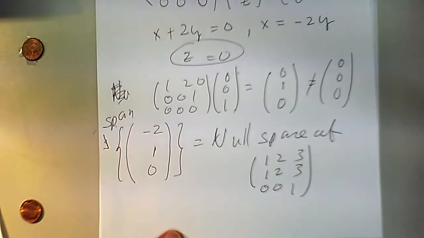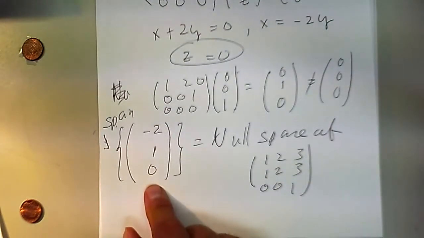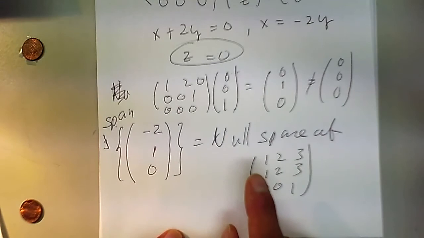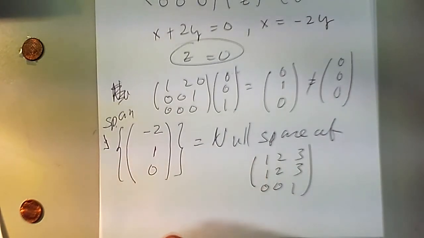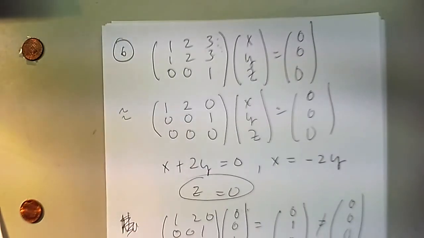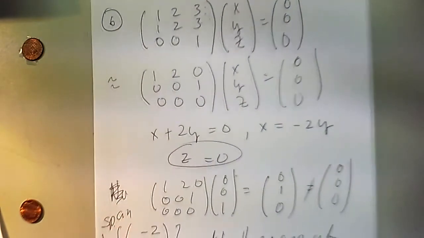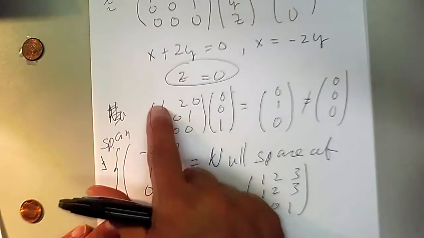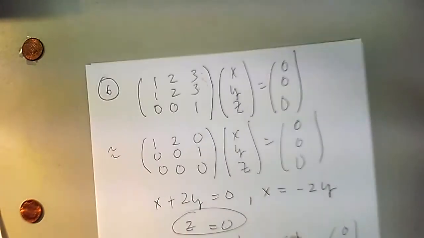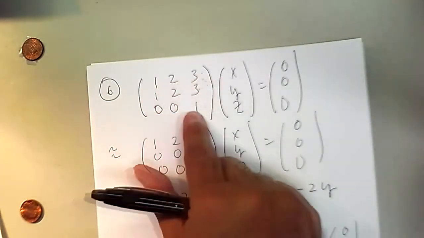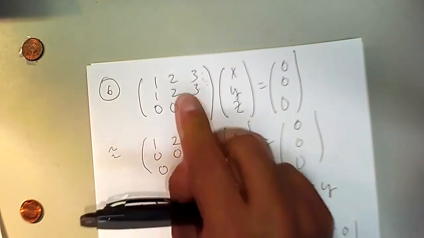There we go. So the dimension of the null space is 1. The rank is the number of pivots. That's 2. And that means that the space generated by the rows has dimension 2.